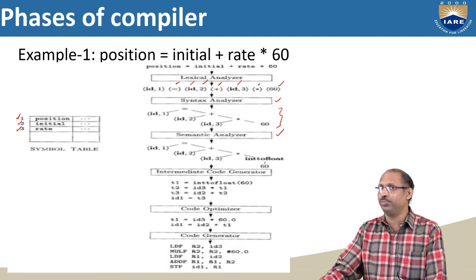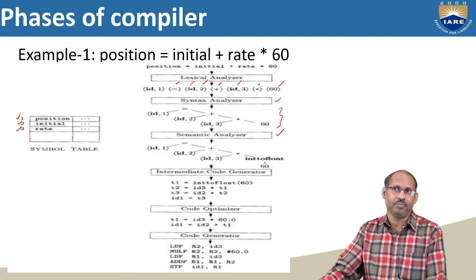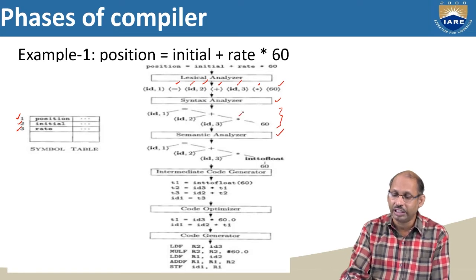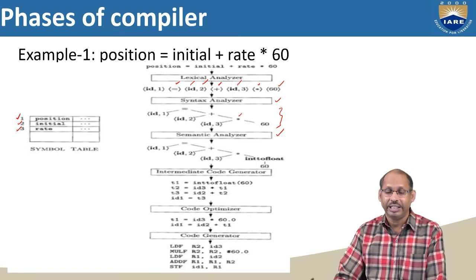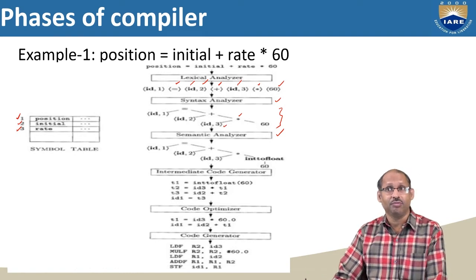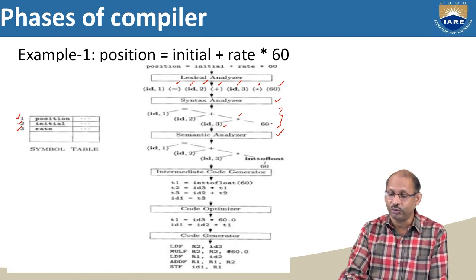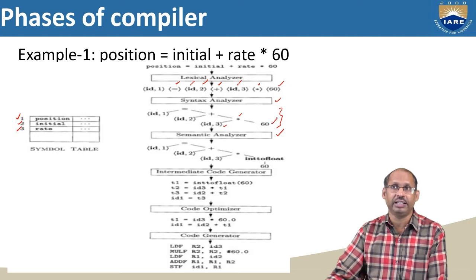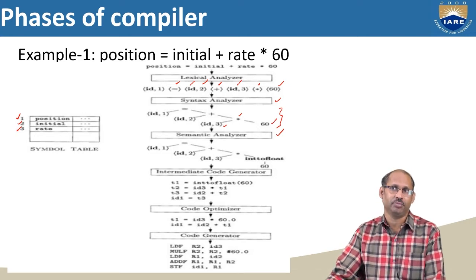So what does the semantic analyzer do? All three variables are float type. If we consider the multiplication operator, one operand is float type and the other operand is integer type.